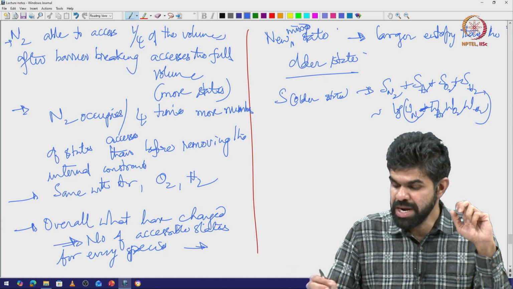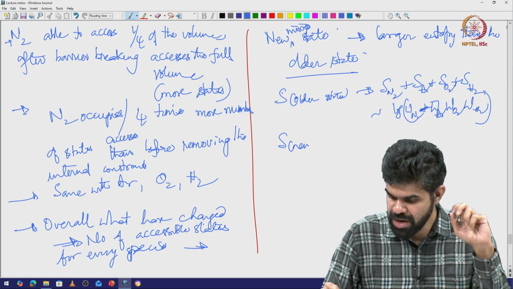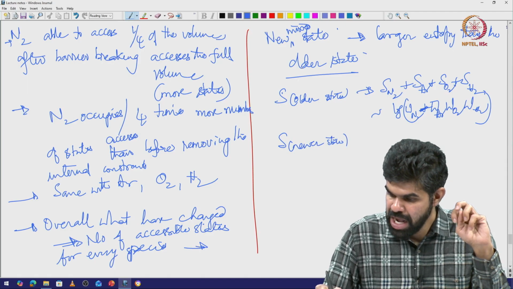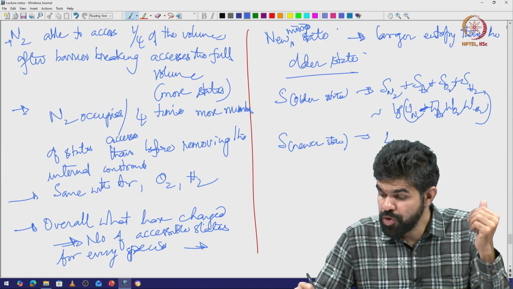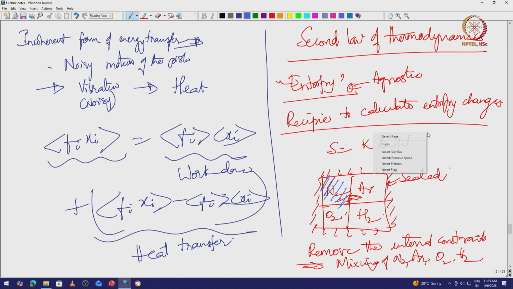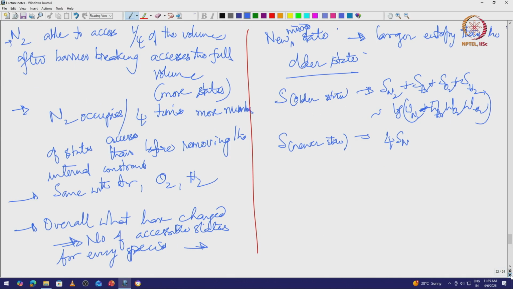But in the newer state, it has 4 times S N2 plus 4 times S Ar plus 4 times S O2 plus 4 times S H2, each of them having independently increased by 4 times.